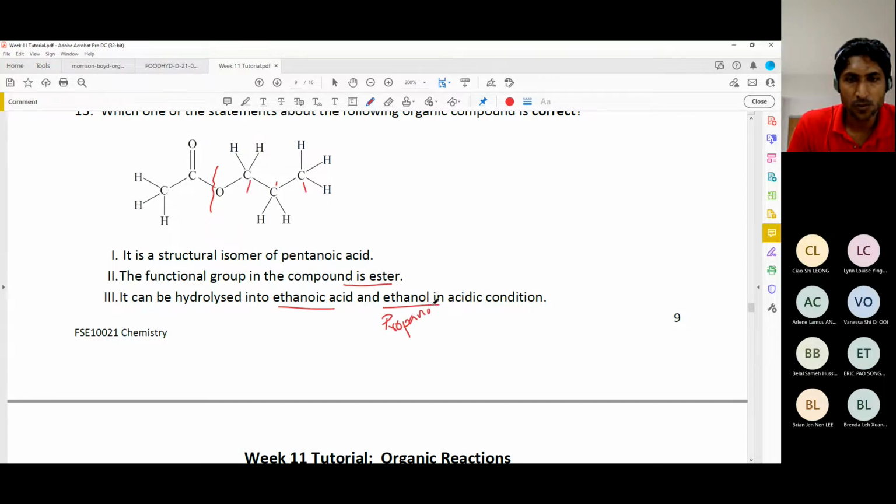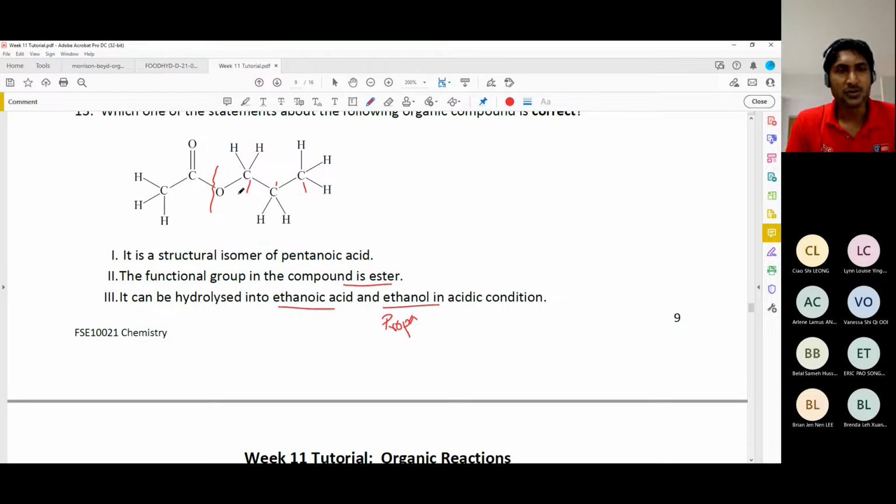It will produce propanol. Why? Because this part is coming from the alcoholic part, and it came from propanol. If we break it, it will go back to its original thing, that's propanol. Why would it go to ethanol? Then what happens to the other carbon? It cannot stay alone. So it will become propanol, not ethanol.